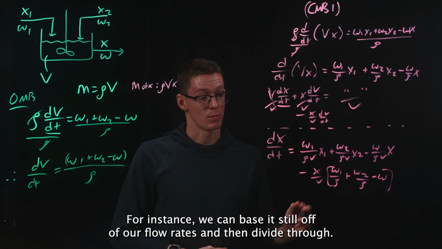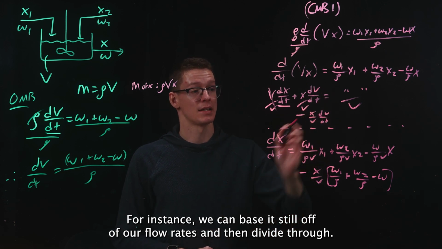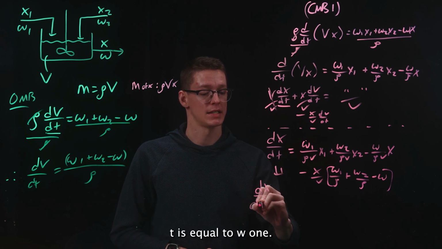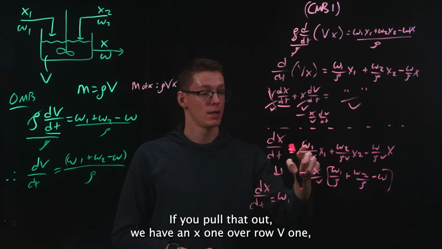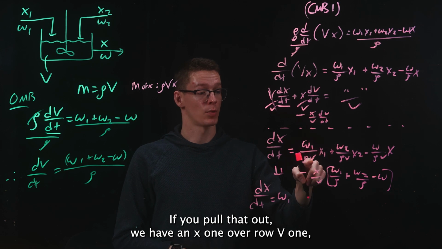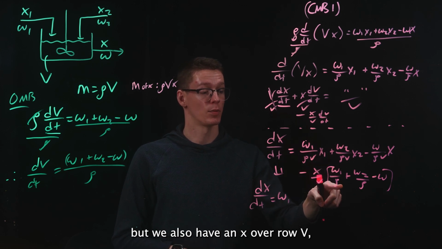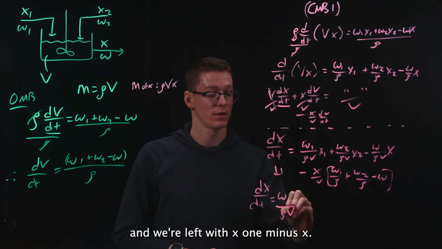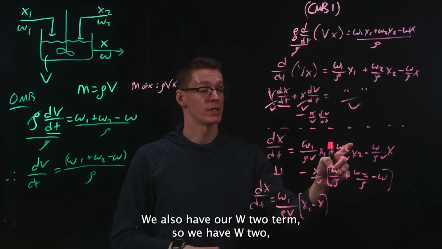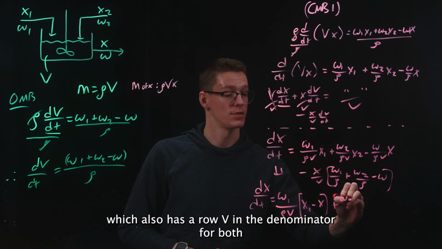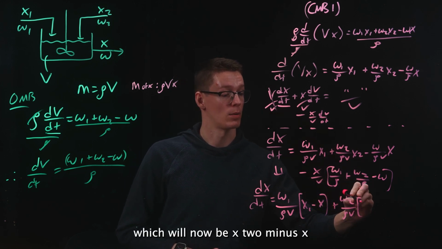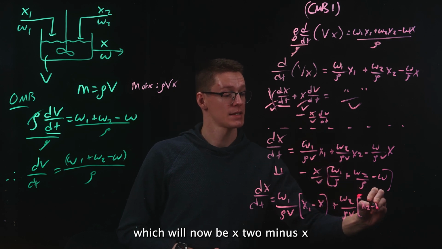For instance, we can base it still off of our flow rates and then divide through. So it will become dx/dt is equal to w1; if you pull that out, we have x1 over rho V, but we also have x over rho V. Because of that, we can pull out the rho V from both, and we're left with x1 minus x. We also have our w2 term, which also has rho V in the denominator for both, which will now be x2 minus x.